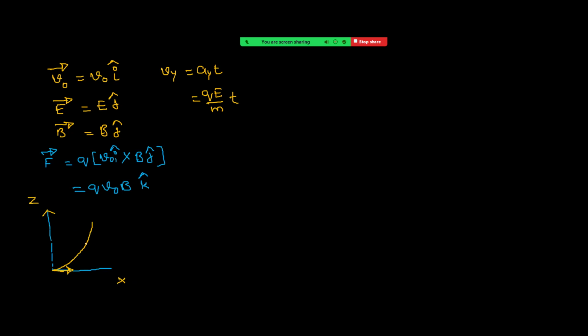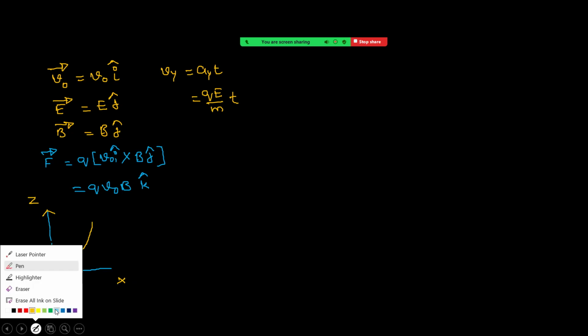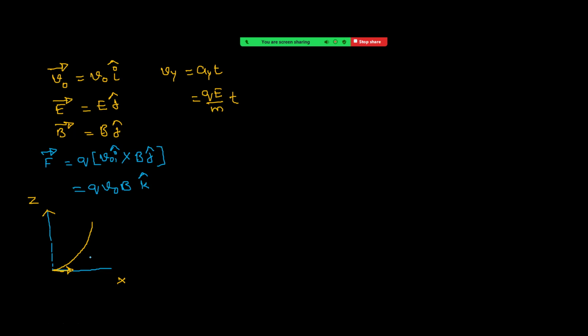That means now the velocity vector has components along x and along z. Let us take one instant. The velocity vector makes angle theta with its initial motion direction, that is the x-axis. And we know that because of the magnetic field, speed does not change, therefore it remains V naught.